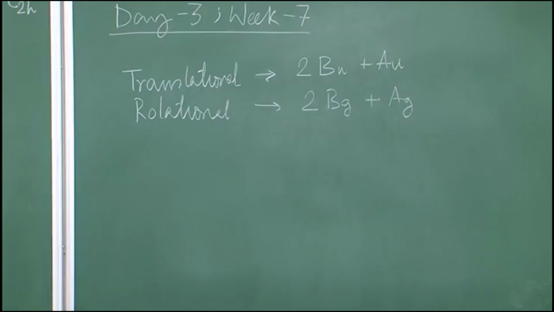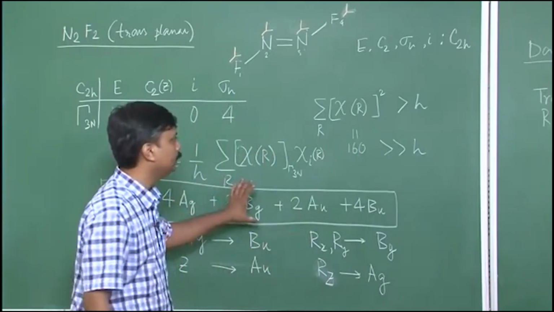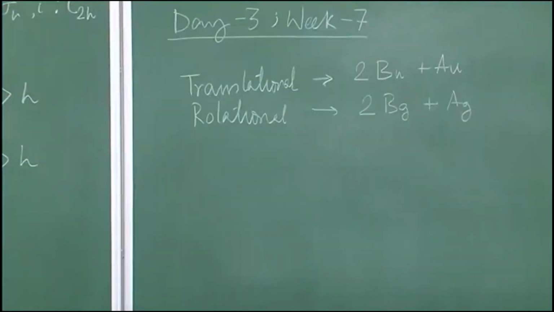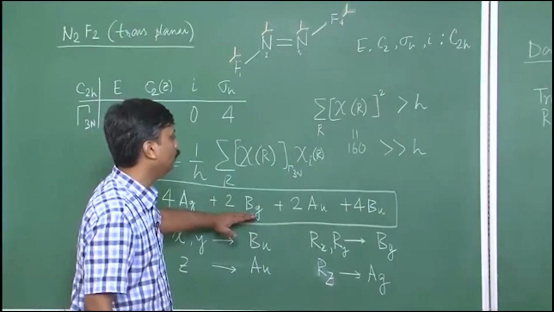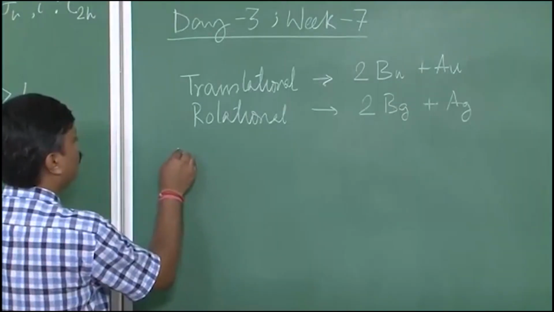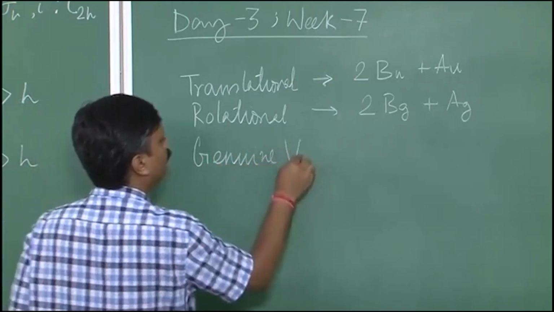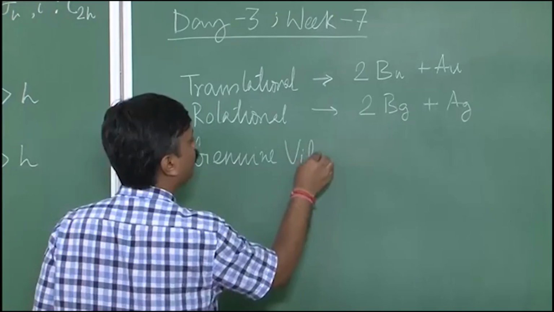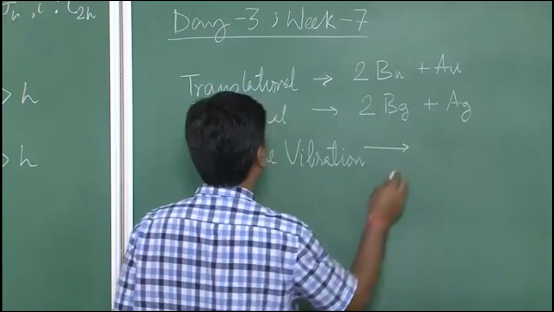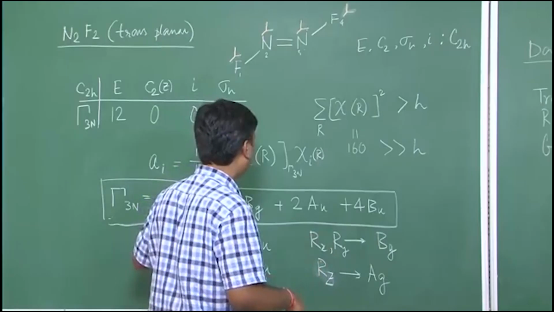Now I have to remove these contributions from this total list. So Bu and Bg occurs twice in that list. So the genuine vibration refers to: Ag occurs one time there. So from 4 I remove 1.